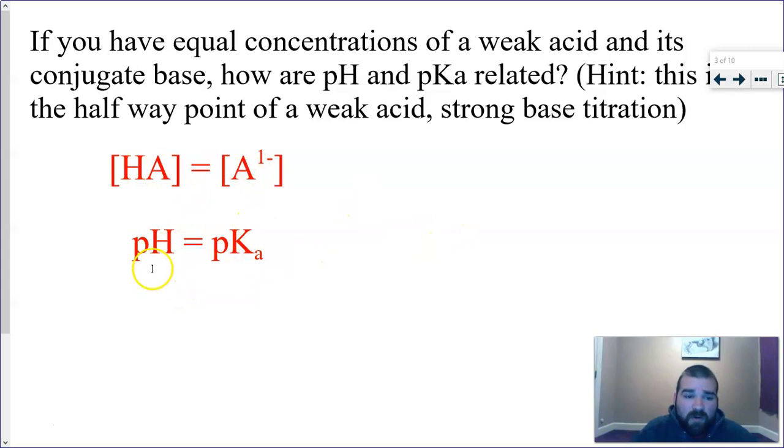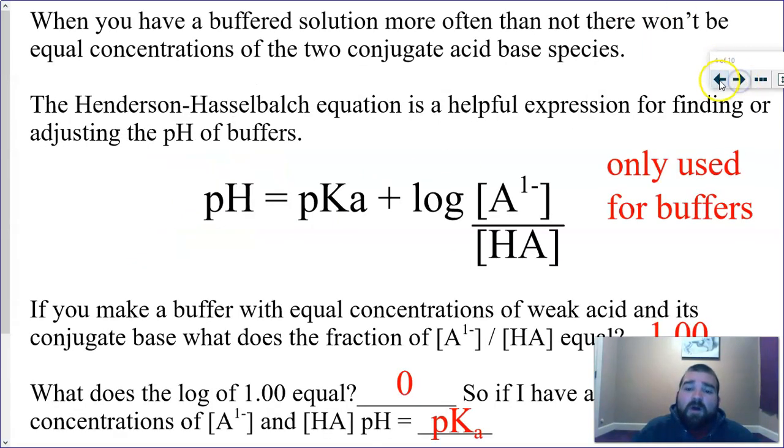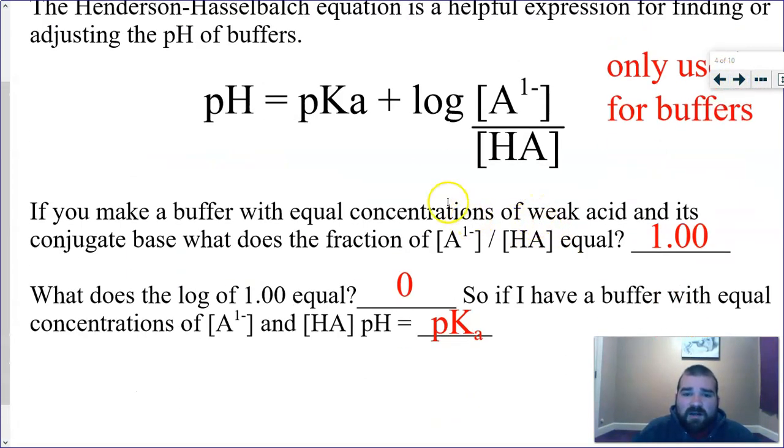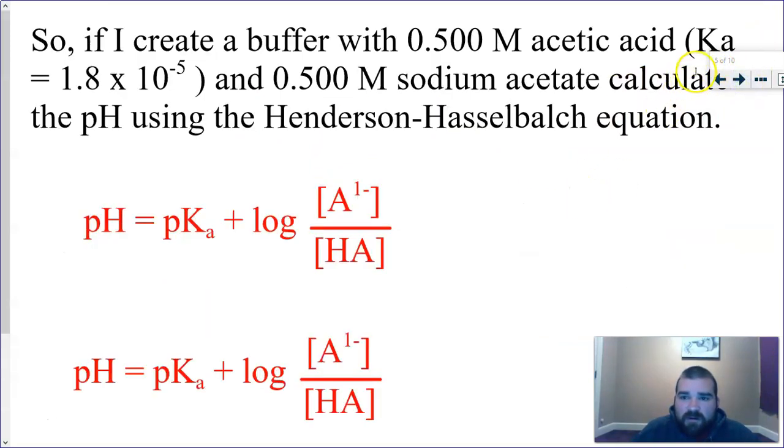Because it's the halfway point, pH equals pKa. Using the Henderson-Hasselbalch equation, we end up with the exact same relationship. We can just plug in real numbers to prove it. If this molarity is the same as that molarity, the log of 1 is 0. And then this whole factor just goes away, and pH equals pKa. So there you go. All right, so let's try a real example here.